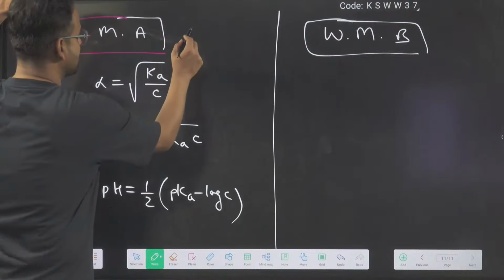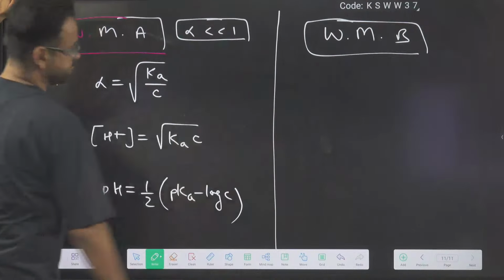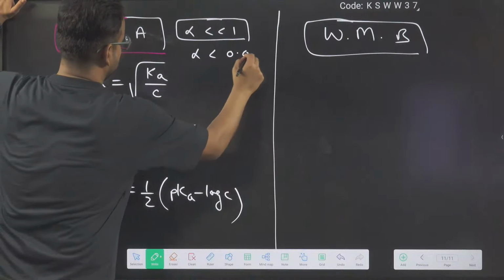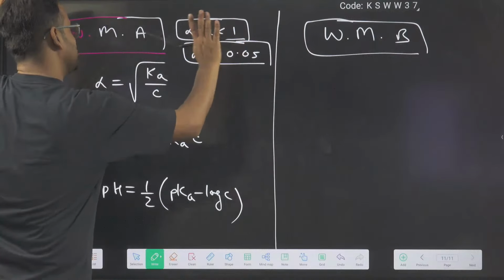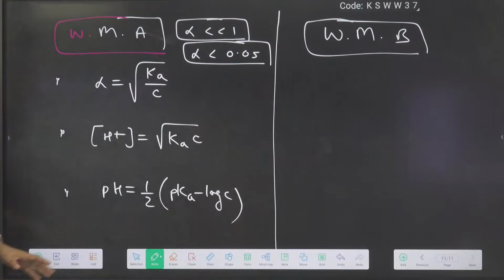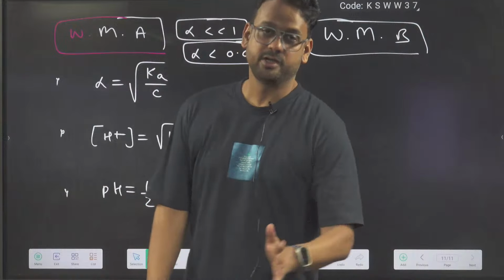All these formulas are valid when alpha is very much less than 1, more specifically when alpha is less than 0.05. Some people say 0.1 also, that is okay. Roughly the same answer you will get, because if you don't use the approximation, then the question is not a neat question.